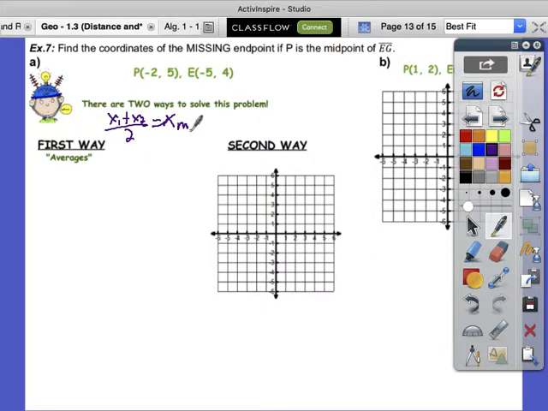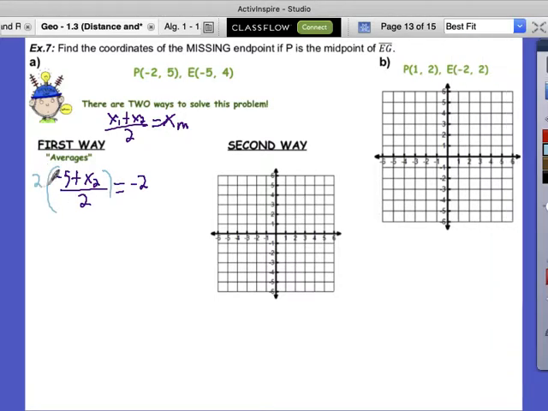And so we said, okay, well, if we know this is the midpoint, and this is the endpoint, I can say -5 plus whatever our other endpoint is, which we don't know, so we'll call it x2, divided by 2, is going to be equal to whatever the midpoint value for the x is, which was -2. Then we solved this equation. We have to multiply by 2, or you can think of it as 2 over 1.